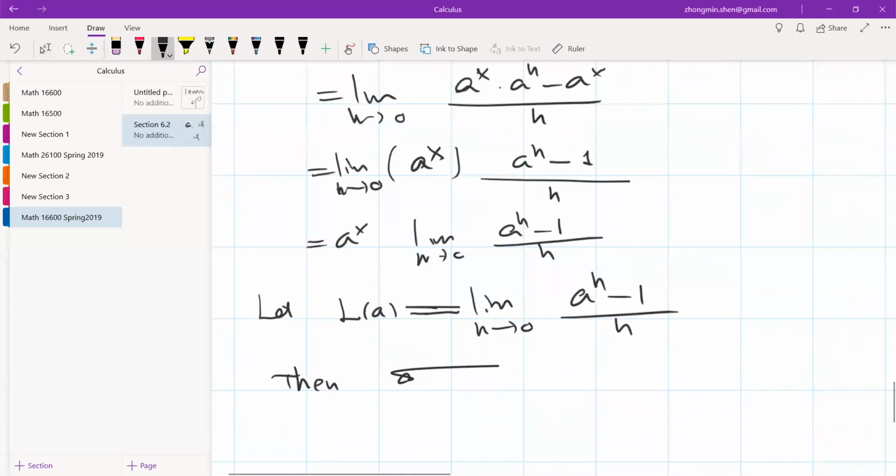Then the derivative of that function is going to be a to the x times L of a.